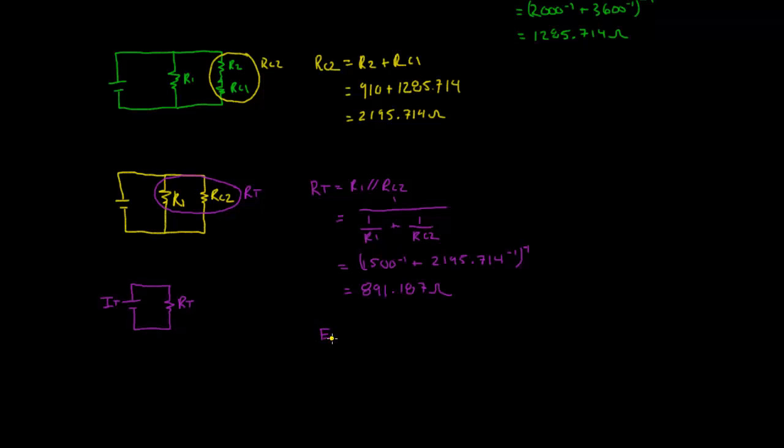So ET is equal to IT times RT, which equals 800 milliamps, or 0.8 amps, times RT of 891.187. Solving for this, we get a value of ET equaling 712.95 volts.